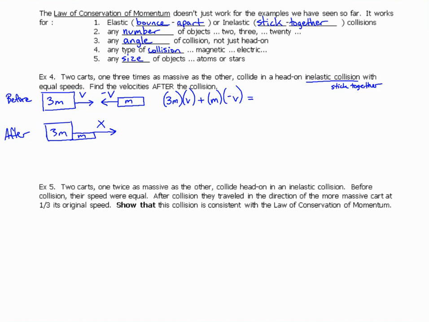Equals, and this is the conditions after, we have 3m times x plus m times x.